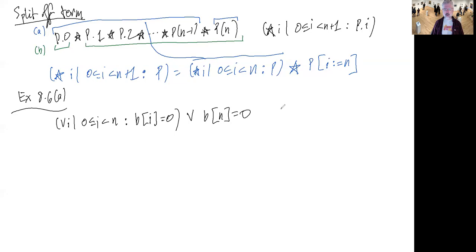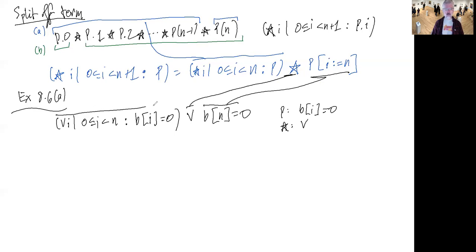So here P is b_i equals 0 and star is or. With those two substitutions, this matches that: or is star, and this is that.